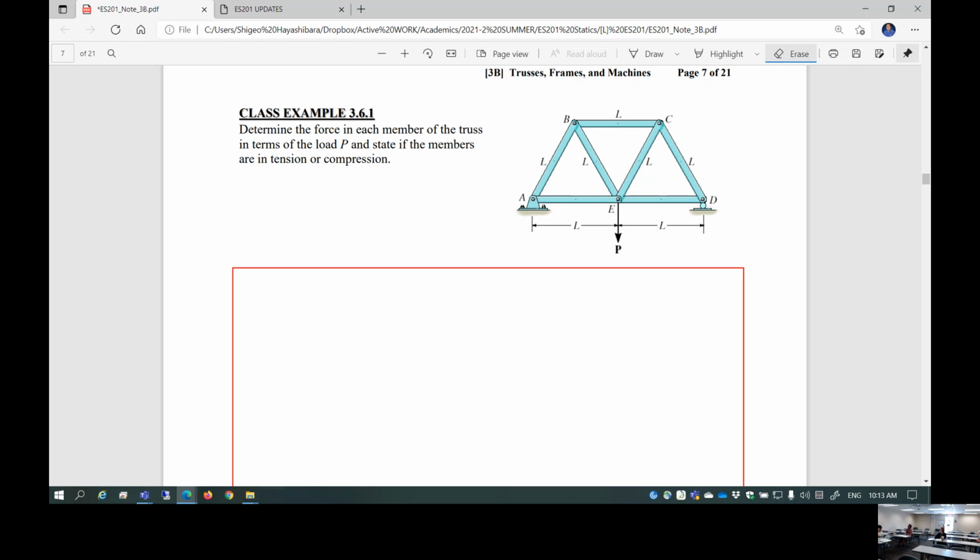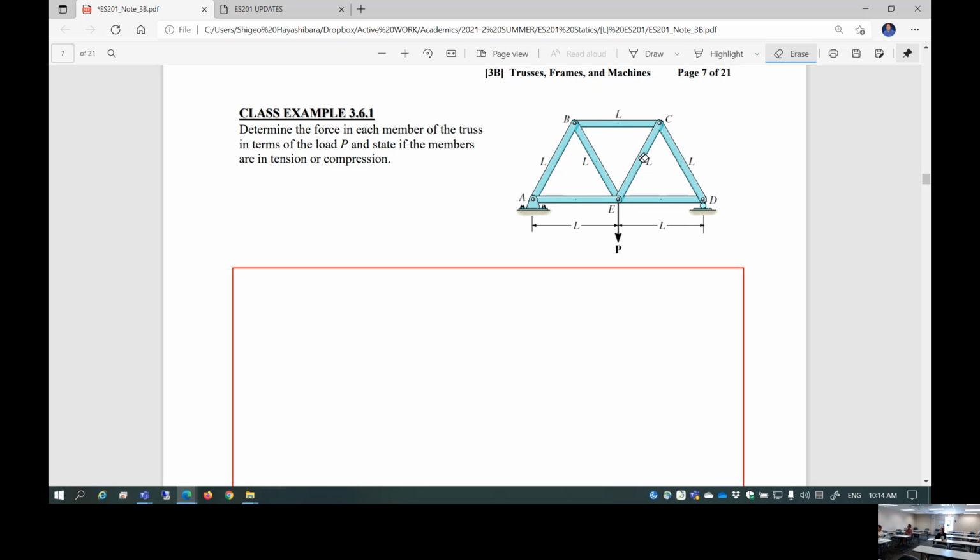And then the next step is to go through joint by joint. If you apply the equation of equilibrium at joint A, you're going to find those 2. Then apply the equation of equilibrium at joint B, and you're going to find those 2, using this as an unknown value. So starting from here, you can find those 2, and then those 2.